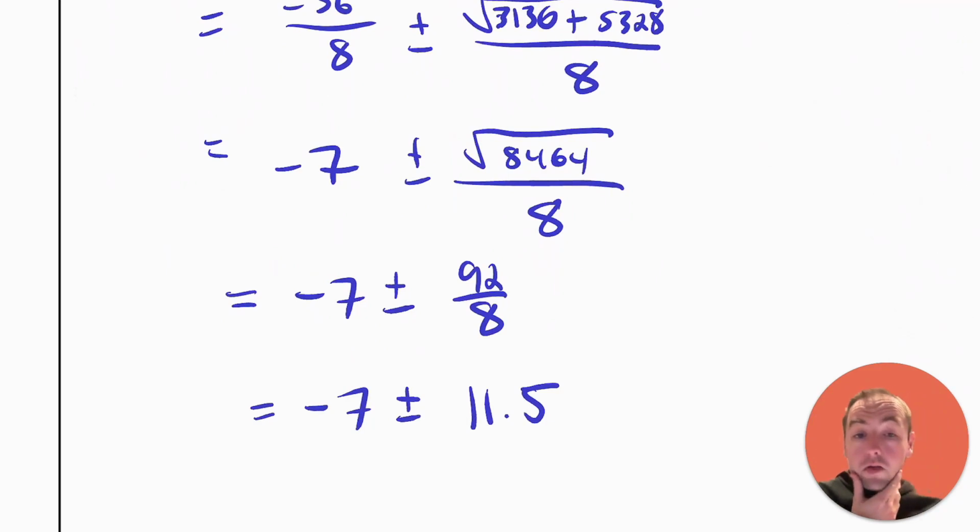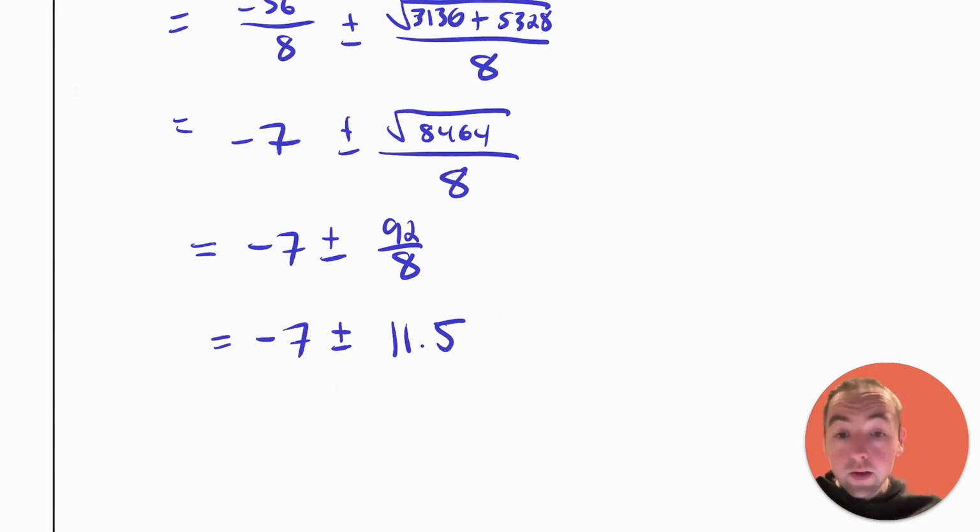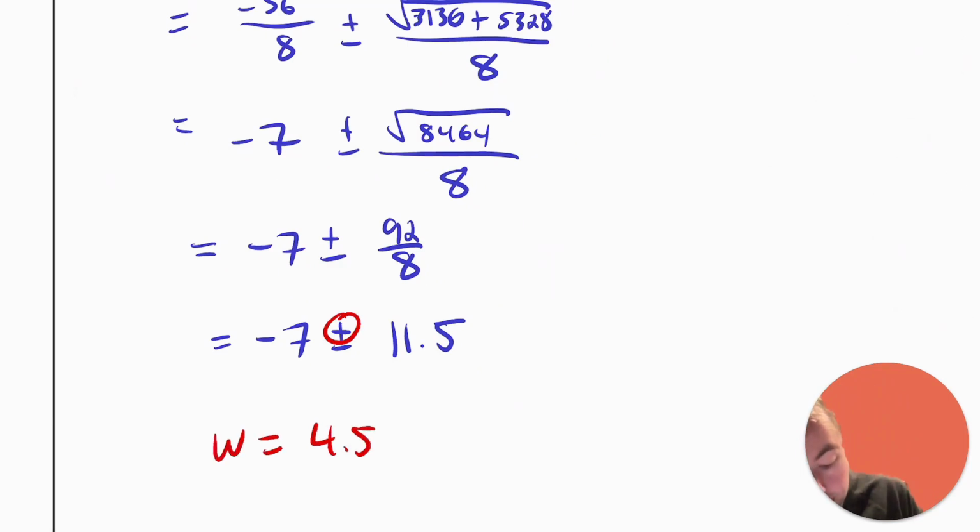So negative 7 plus or minus 11.5 would be your two solutions. Negative 7 plus 11.5 would give you an answer of 4.5 for W. And then negative 7 minus 11.5 would give you negative 18.5 for W.